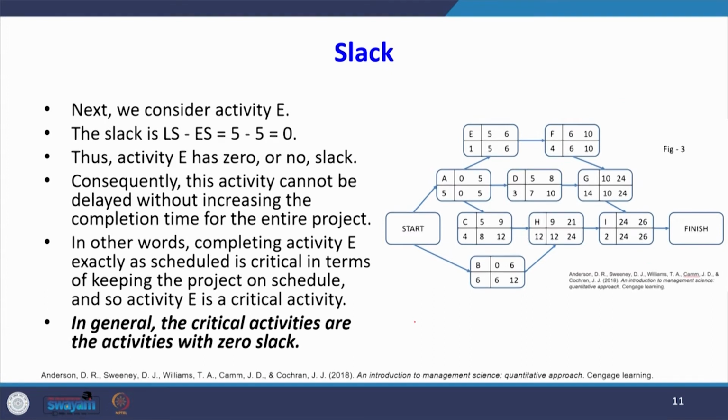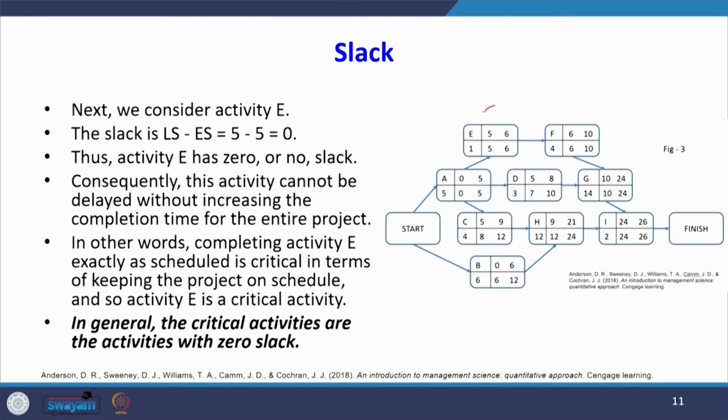Next we consider activity E. Here the latest start time is 5, the earliest start time is also 5. So, the slack is 0. What is the meaning of this 0? Activity E has 0 or no slack. Consequently, this activity cannot be delayed without increasing the completion time for the entire project.